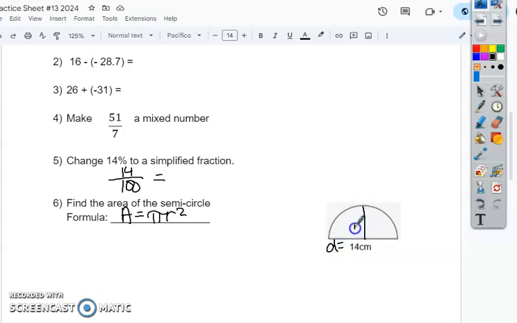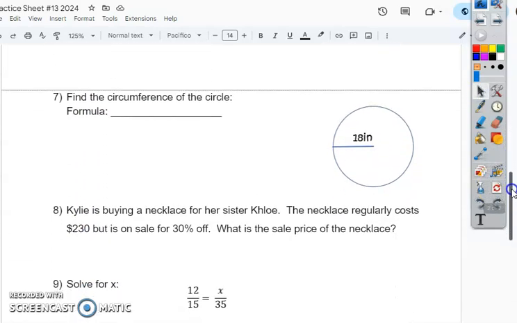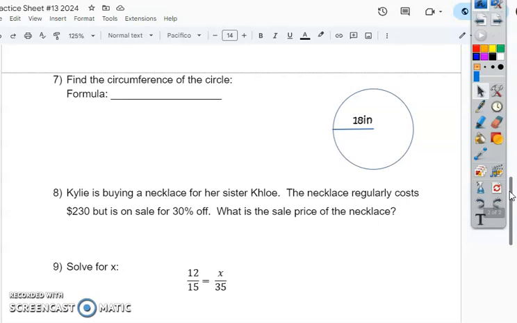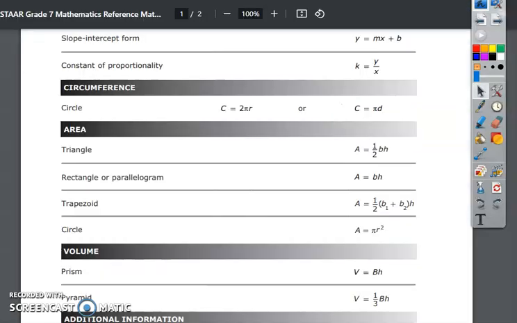This will be the radius, so what's that number? You put it, and then I will just remind you, divide by 2. That's my hint for you. So I want you to use the parentheses, please, on number 6.